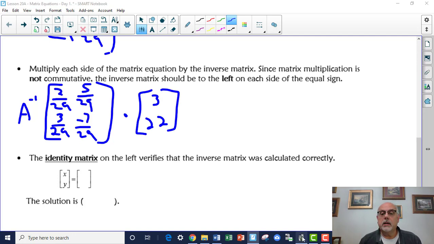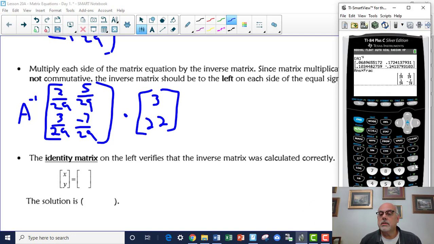So if I go back to my calculator, I have that matrix. I'm going to multiply it by, oh, I didn't put the second matrix in. So let's put matrix B in. I forgot to do that.